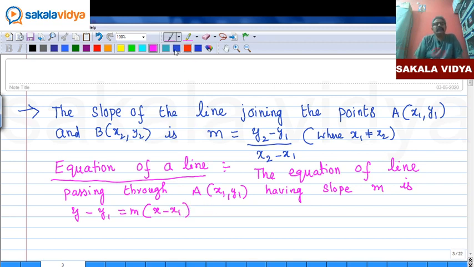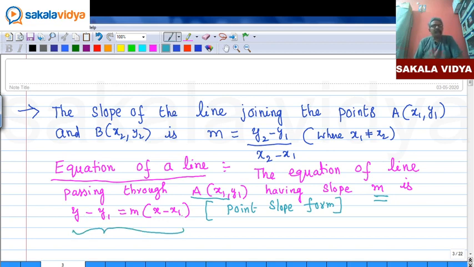So, this is called point slope form. That means, if a point on the line and its slope are given, then we can find the equation of the line with the help of this formula, y minus y1 is equal to m into x minus x1.